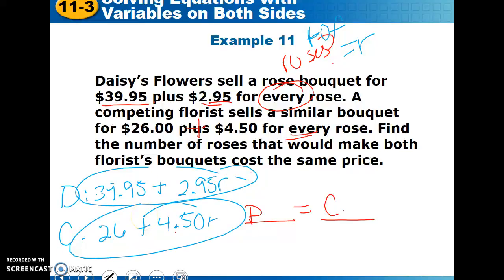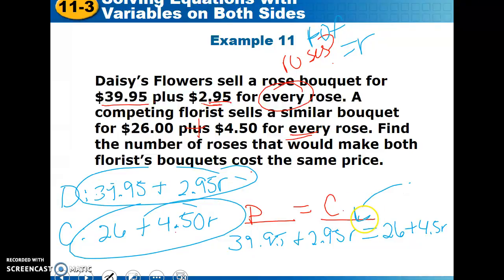So let's set them equivalent to each other in an equation. So 39.95 plus 2.95R equals 26 plus 4.5R. Now we have to find the number of roses that could fit in for R that would make both sides of the equal sign true.